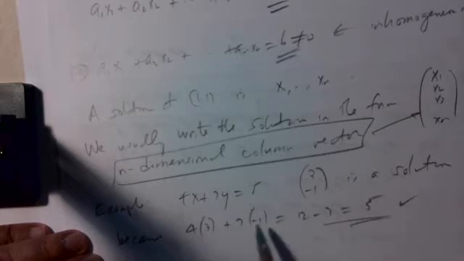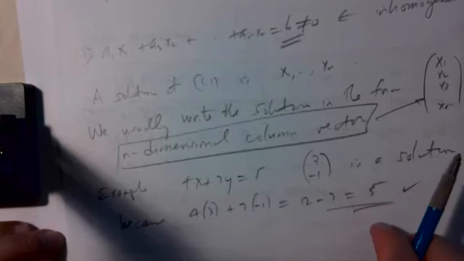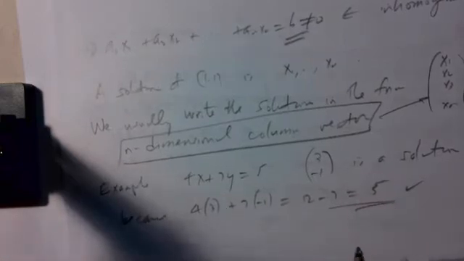So it really is a solution. So we write our solutions typically as column vectors. And to a very great extent, linear algebra starts with linear equations, but it's really the study of vectors.